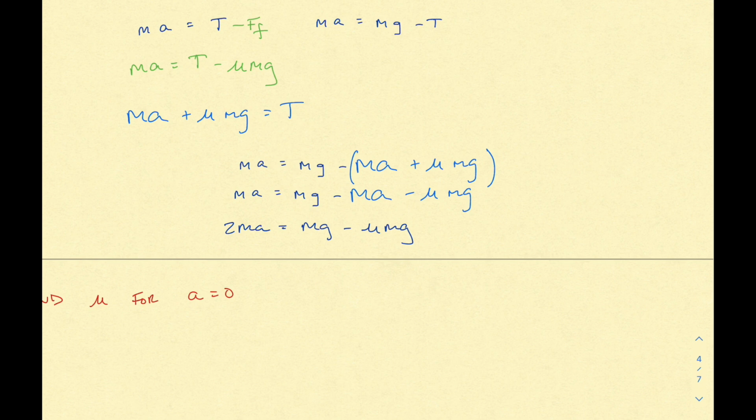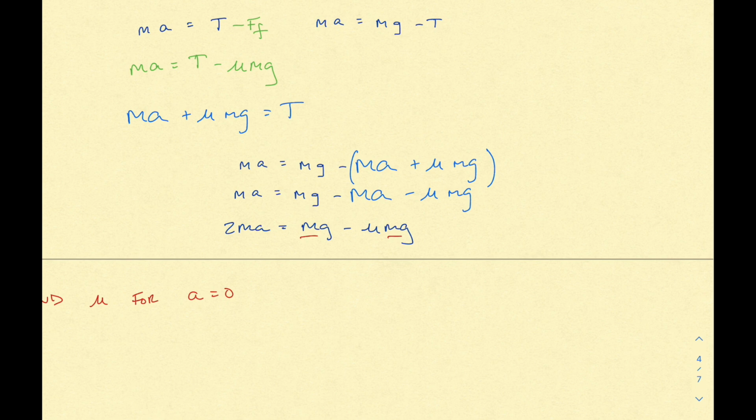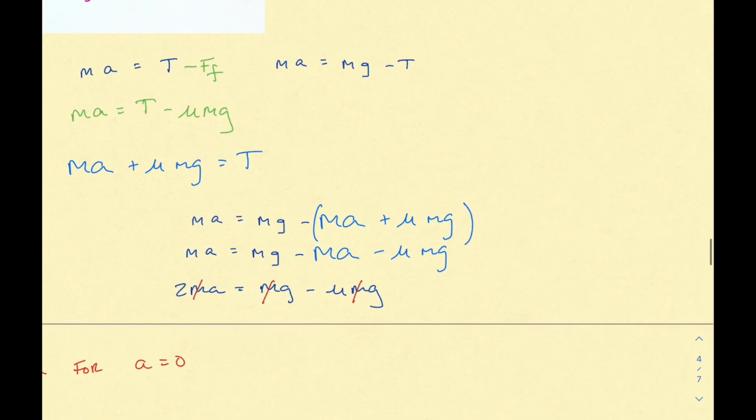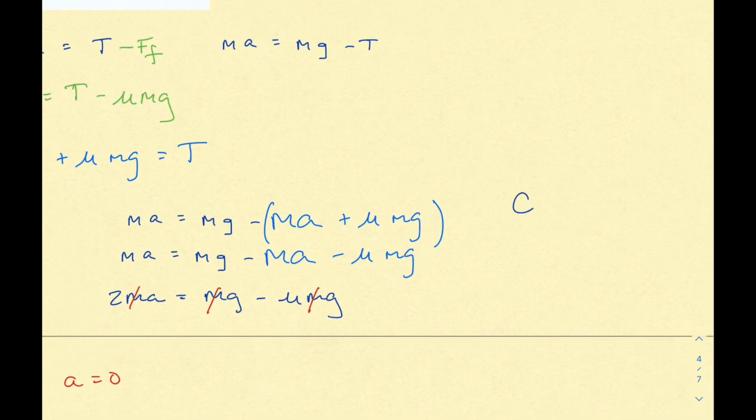Because I have a mass in each term here, here, and here, I can cancel it out from each one of those things. In doing so, I end up with the line that says, I'm going to write it right here, okay? 2A is equal to G minus mu G.